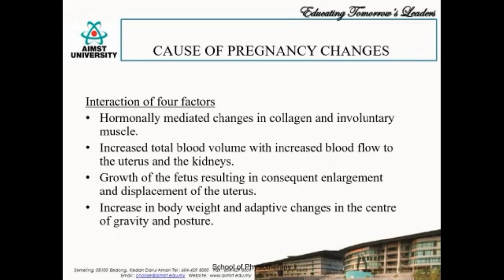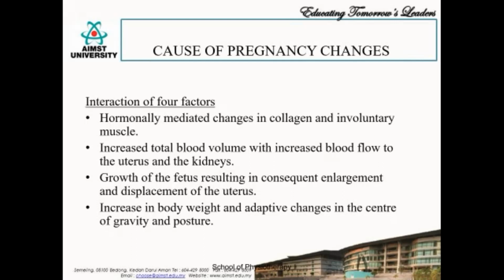Then as soon as the egg is ejected into the fallopian tube, in the fallopian tube the egg will be meeting the sperm, and if any fertilization happens, then that will be mediated to the corpus luteum.